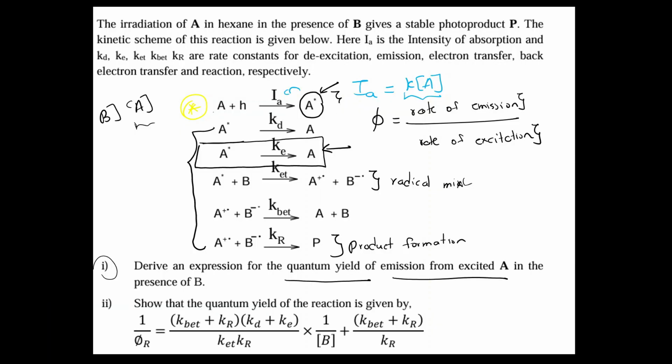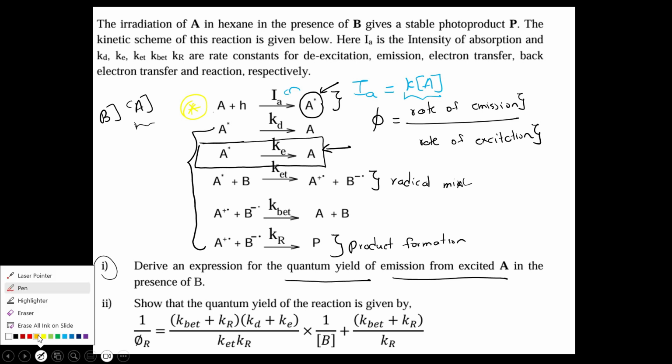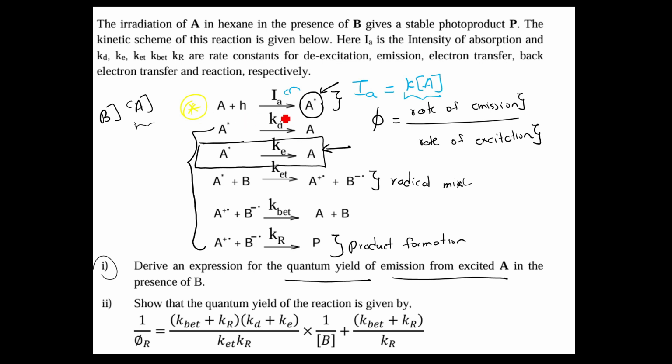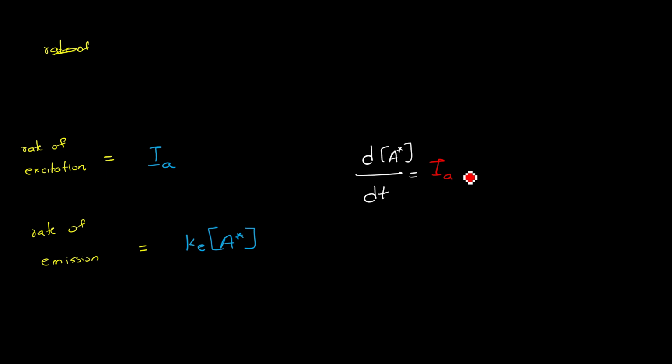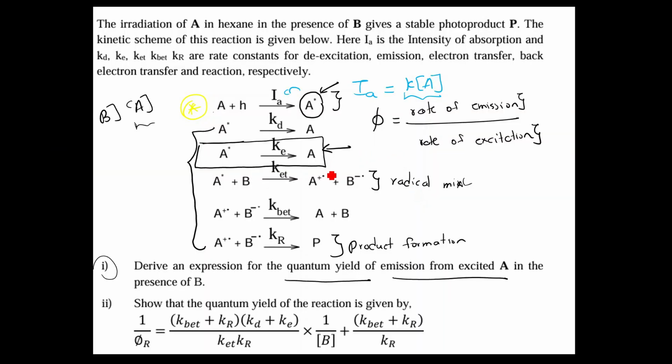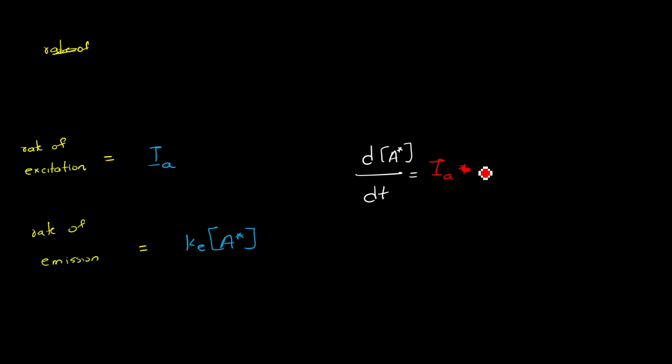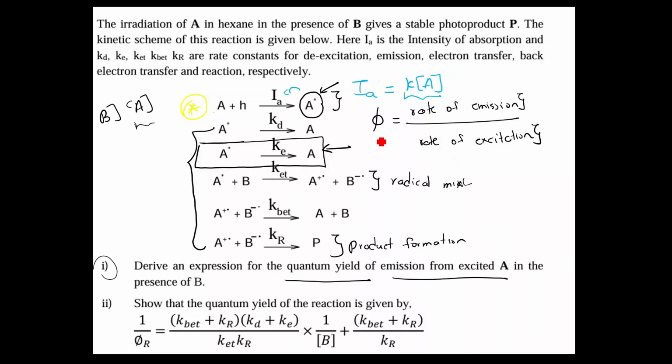So the first step is here. Formation of A star, so IA is there with a plus, and then we have the dissociation of A star, which means it's not a plus, it's a minus, because we are talking about the formation of A star.